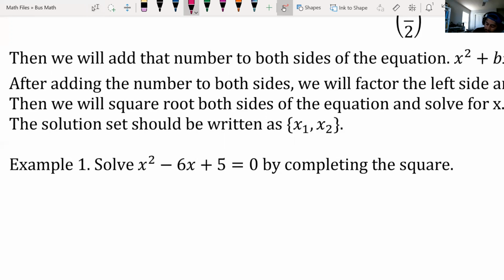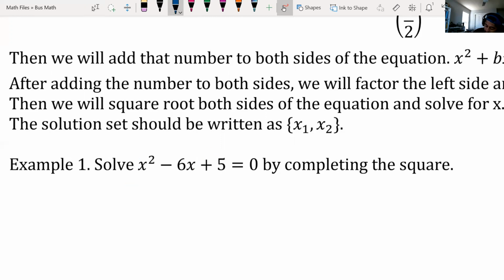Well, one thing we notice is that the leading coefficient of this x squared happens to be 1. So there's a 1x squared. So that's part of the perfect form. But then, in order to get the perfect form, we need to take this 5 and move it over.